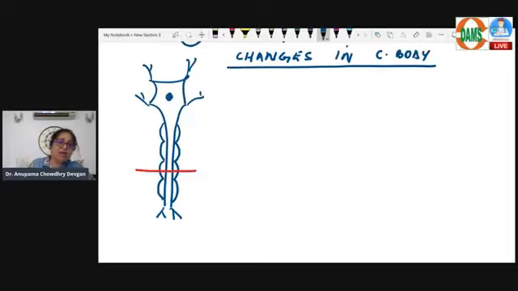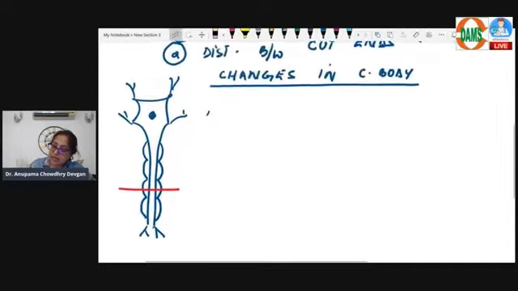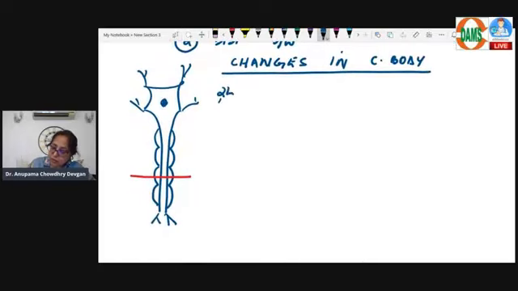Within the first 24 to 48 hours, you get what is known as chromatolysis.